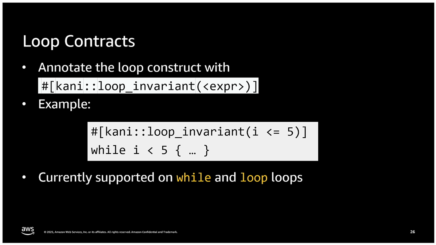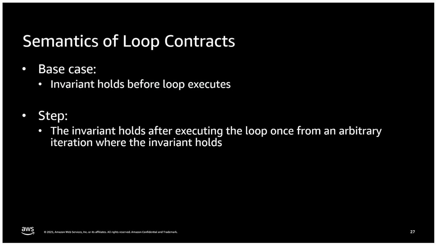We don't support for yet. And we have a PR open that adds support for quantifiers in loop invariants that is about to be merged. So hopefully with the next release of Kani in a couple weeks, we would have support for quantifiers in loop invariants as well.